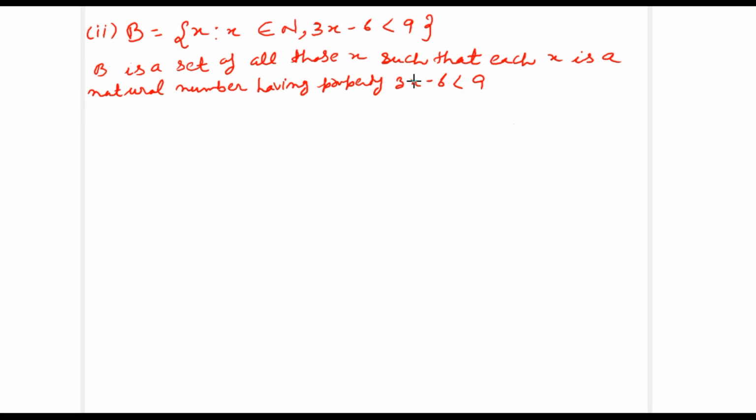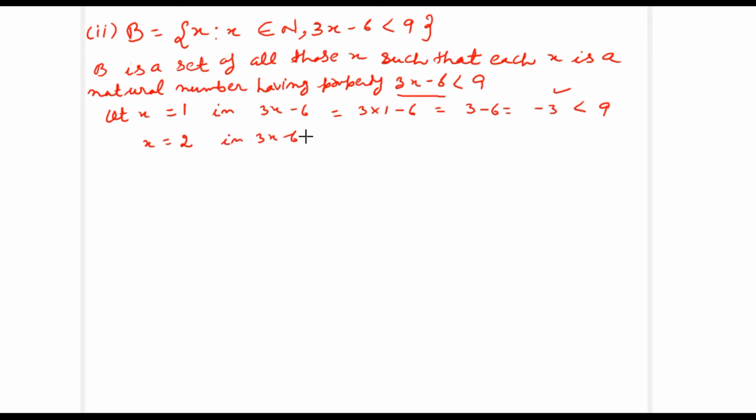So x is a natural number, so we will put x equal to 1 in 3x minus 6. We will get 3 multiplied by 1 minus 6 equals 3 minus 6 equals minus 3, which is less than 9. So it is okay. Now x equal to 2 in 3x minus 6.